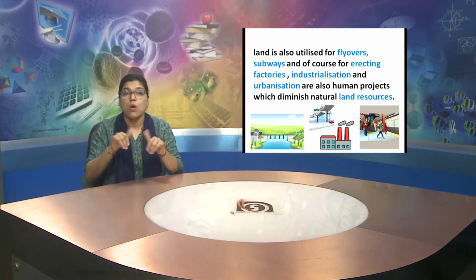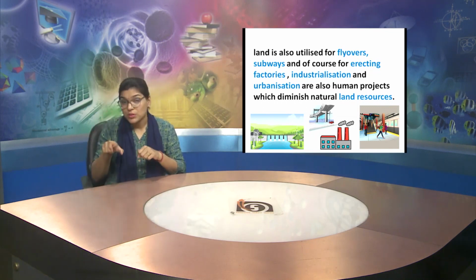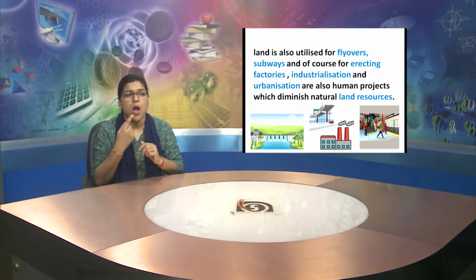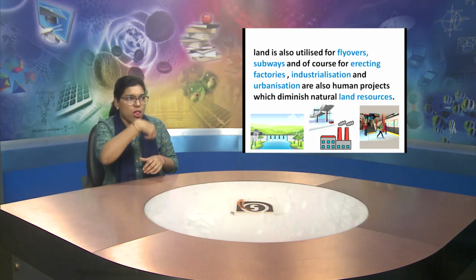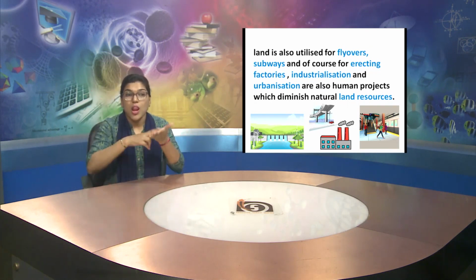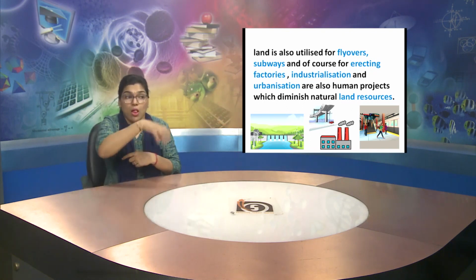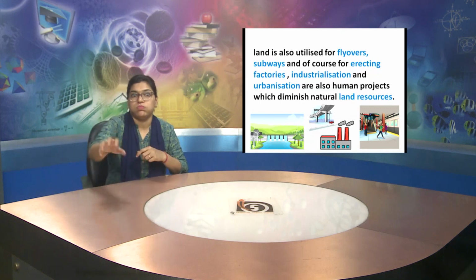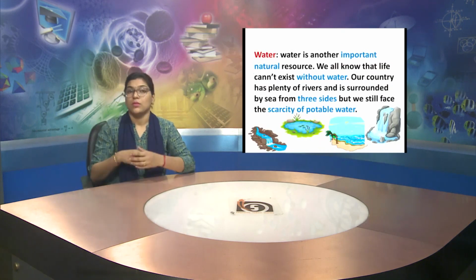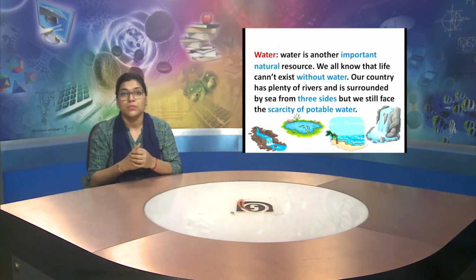And sometimes there are some human projects which are done on the land. And all these projects which are done on the land diminish the natural land resources, because all those construction work, all those buildings, factories are constructed there. Now, we have understood the land.